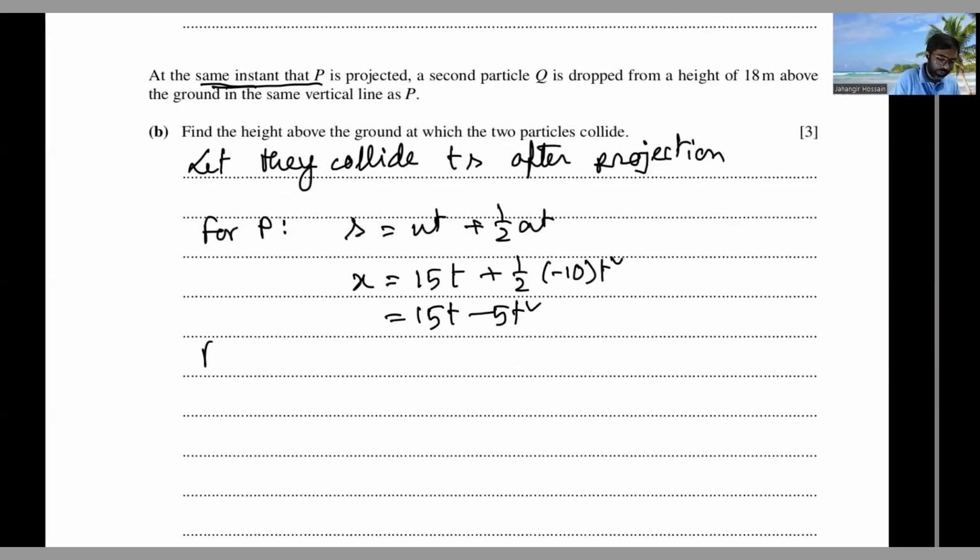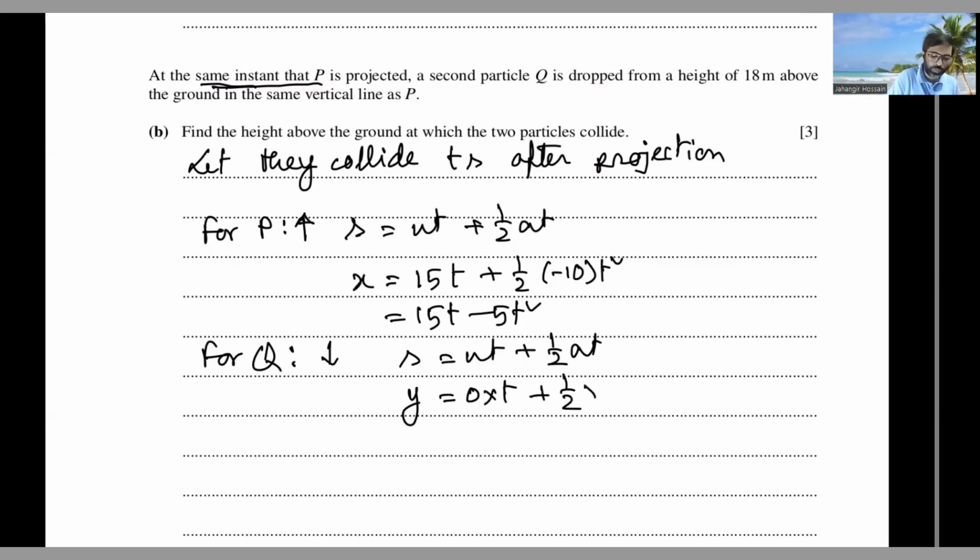And for Q, remember, P is projected up and Q is dropped, so Q is moving downward. Applying s equals ut plus half at squared, s is y, u is 0, and the acceleration for Q is downward, so it is positive.